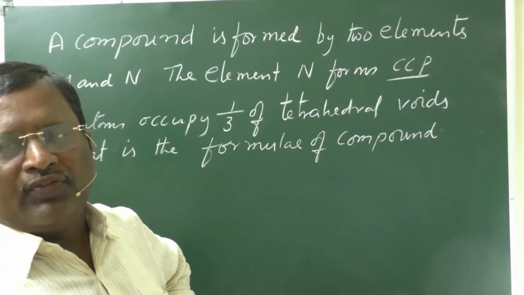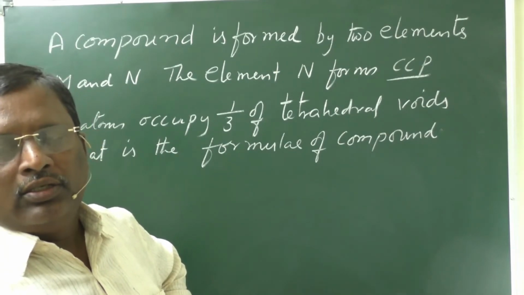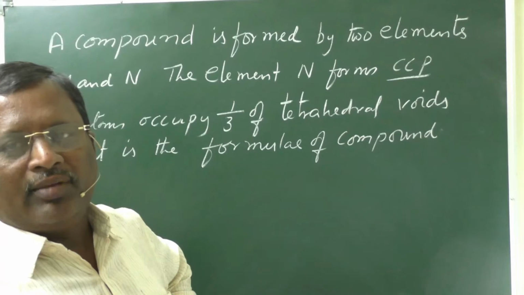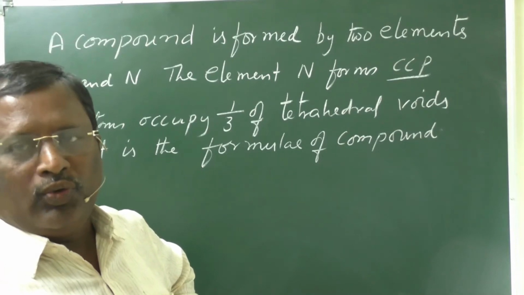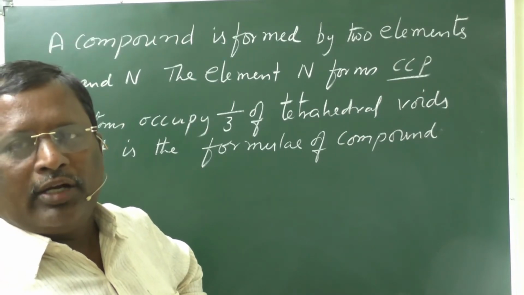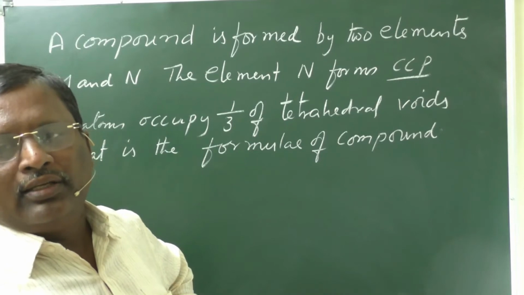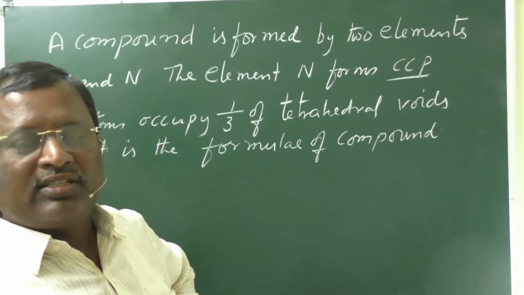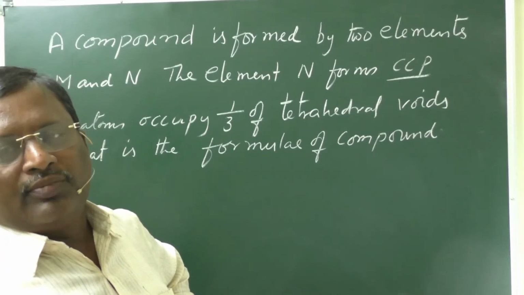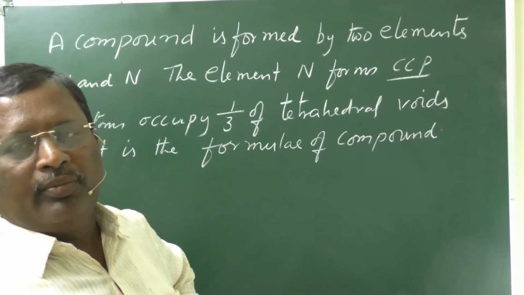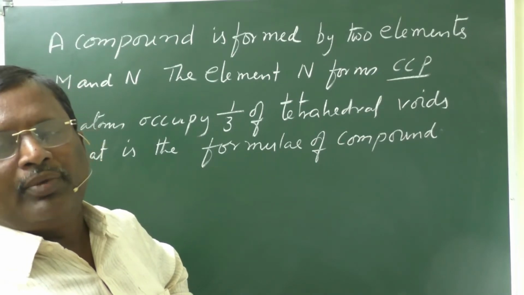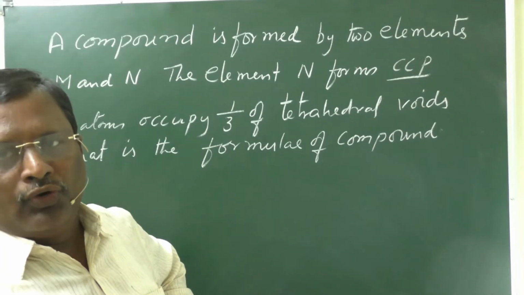The contribution of a corner atom is 1/8. So the total contribution of 8 atoms is 8 into 1/8, equal to 1. A face center atom contributes half to its unit cell. So the total contribution of 6 face center atoms will be 6 into 1/2, equal to 3. So the total number of atoms is equal to 4.